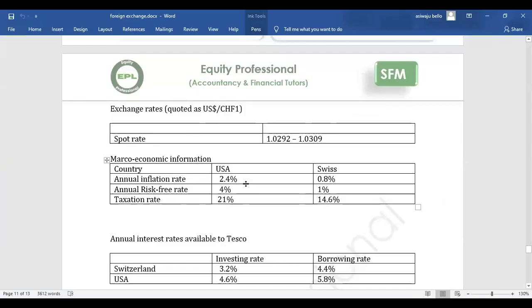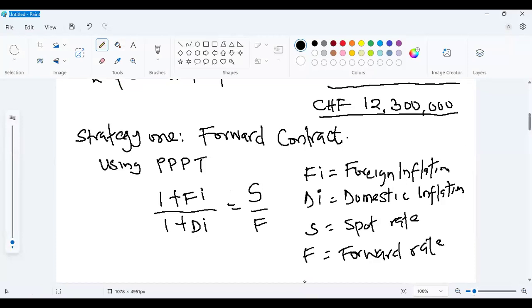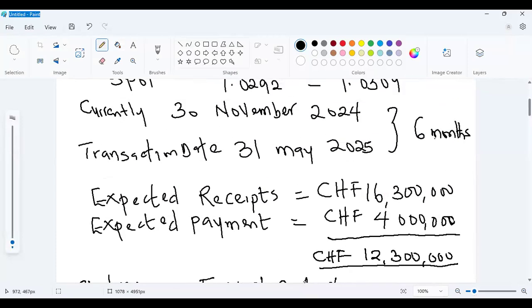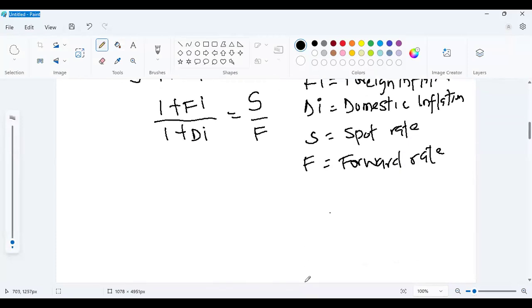Annual inflation in the US is 2.4%, but we want to determine the forward rate for 6 months because this transaction will happen in 6 months. So get the 6-month rate for the US. That becomes 6 over 12 multiplied by 2.4%, which gives us 1.2%.